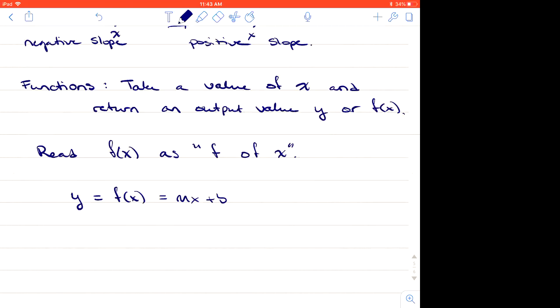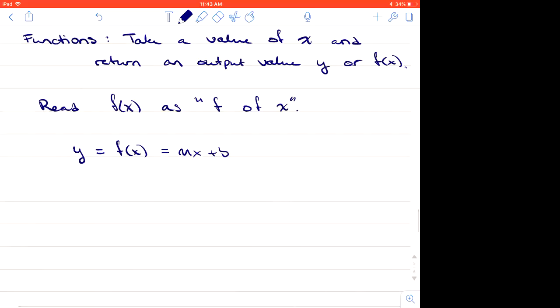So it's function notation, and we'll do a quick example of it. Let's just make a note here that y and f of x are interchangeable. Whatever looks nicest is the one we use.